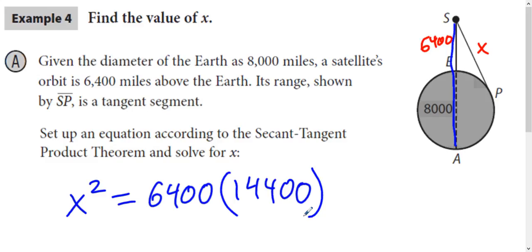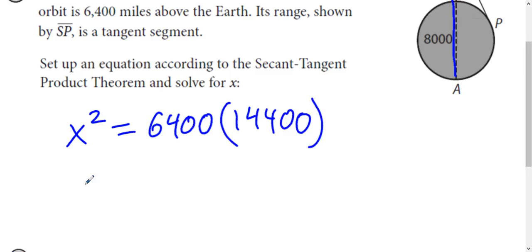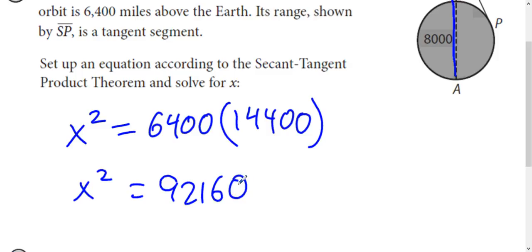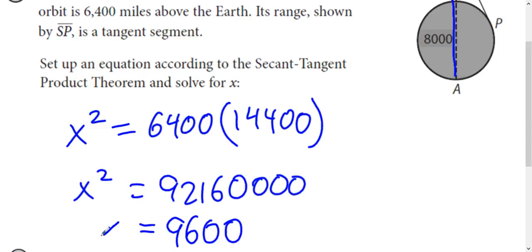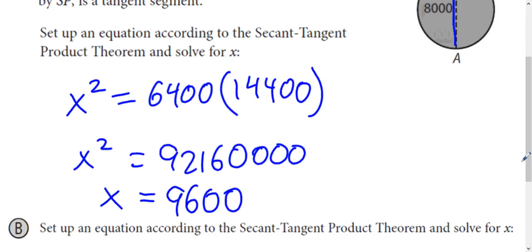So you multiply, you get a really large number. Four zeros. And then we're taking the square root of that answer to get x by itself. So after you do the square root, it's 9,600 miles.